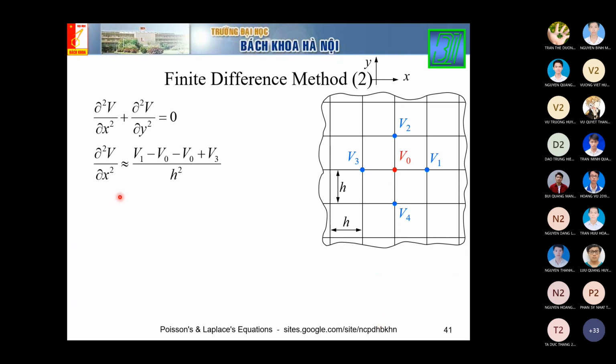So this is the approximation of the first term. In a very similar way, we can approximate the second term like this.